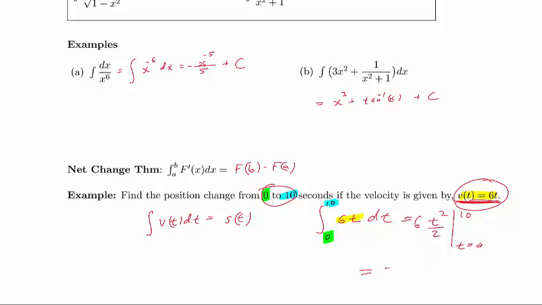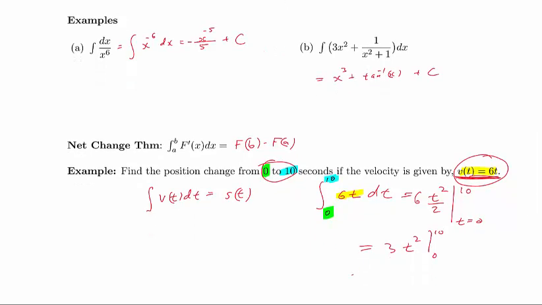So 6 over 2, that's 3 times t squared. Again, going from 0 to 10. So we plug that in. 3 times 10 squared minus 3 times 0 squared. Right? This is f of b minus f of a, just like we have over here.